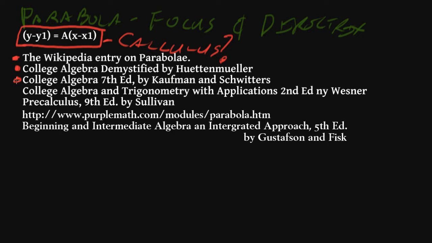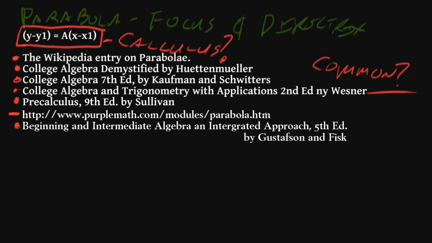College Algebra by Huffman and Schwitters, College Algebra and Trigonometry, Second Edition by Wenzer, Precalculus 9th Edition by Sullivan, Beginning and Intermediate Algebra: An Integrated Approach, 5th Edition by Gustafson and Frisk. In Purple Math, you sort of see it in an intermediary step in one of their explanations, and that's about it. So, common? Not that I can tell.